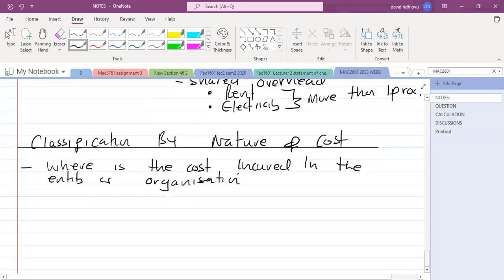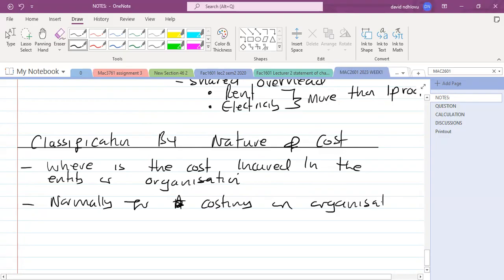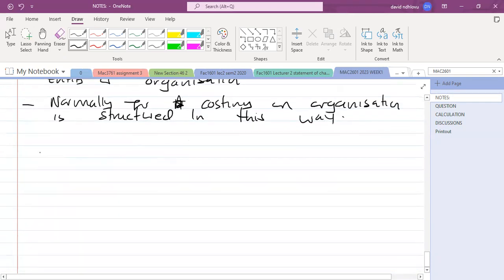We see that normally for management accounting, for costing, an organization is structured in this way. When you look at an organization, you will find that it will be structured in this way. So we can say organizational structure here.